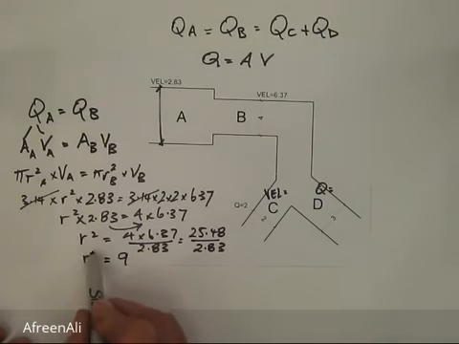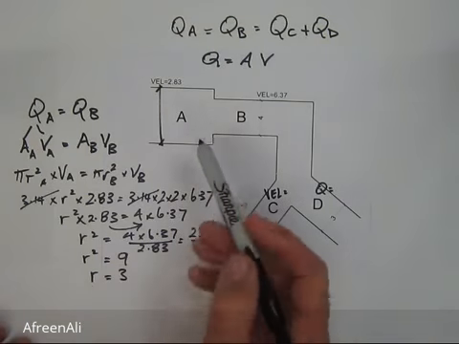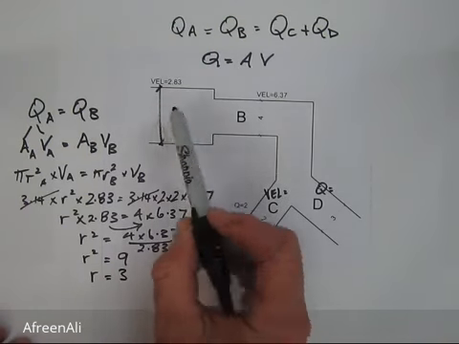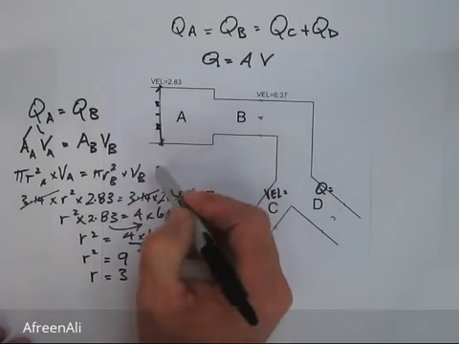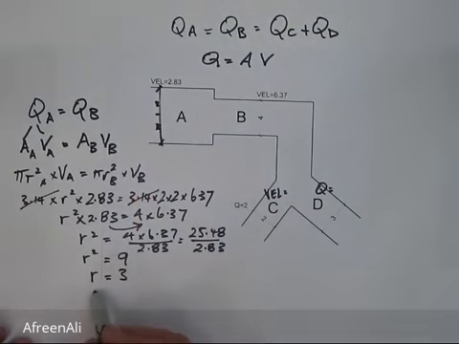So if r squared equals 9, then r equals 3. So what's r? R was the radius at A. Now if r is 3, then the diameter at A equals 6.